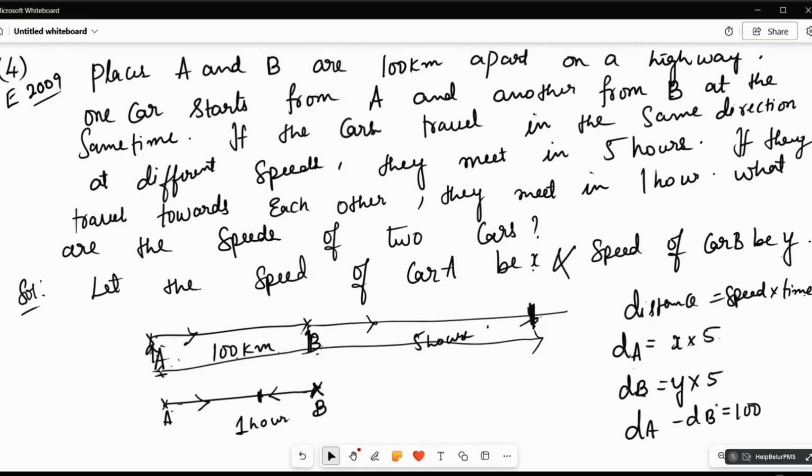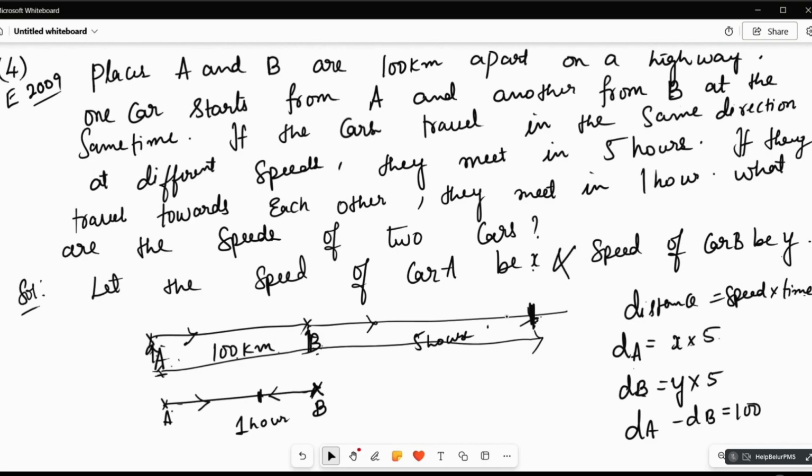Distance traveled by A, I think it travels 500 kilometers, then B would have traveled 400 only, no? Because A has to travel more than B, then only it can meet. So dA minus dB is 100. That is 5x minus 5y is equal to 100.